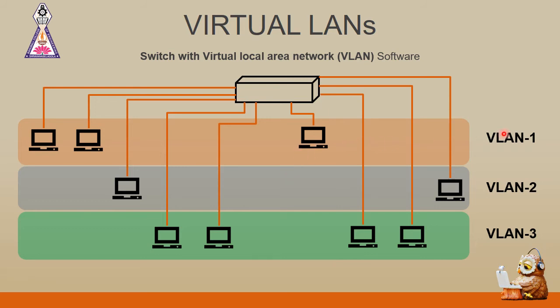So the key feature related to virtual local area network is that the members of one local area network will receive the broadcast message from other networks. For example, here one of the users who is present in virtual local area network 2 will send the information to virtual local area network 1, that is VLAN 1.